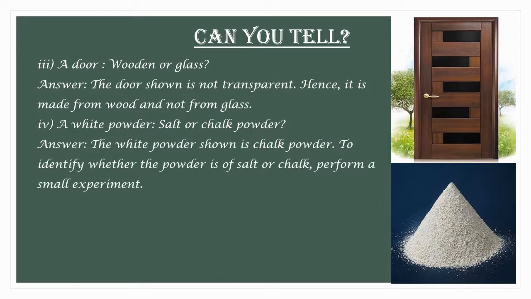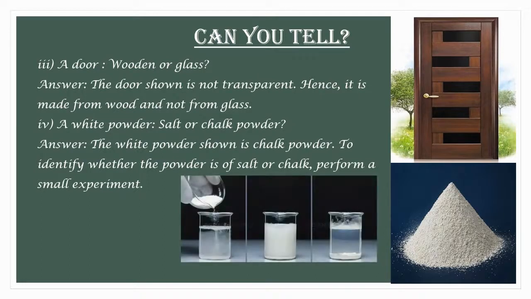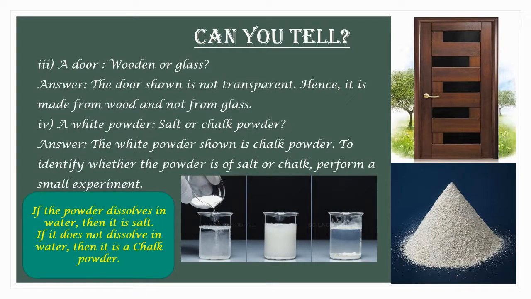To identify whether the powder is salt or chalk, perform a small experiment by dissolving the given powder in water. Students, if the given white powder dissolves in water, then it is salt, and if it does not dissolve in water, then it is chalk powder.